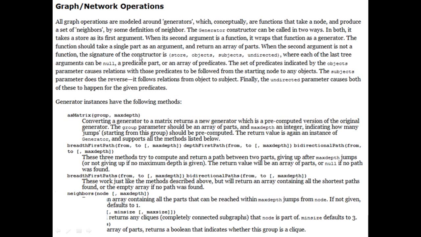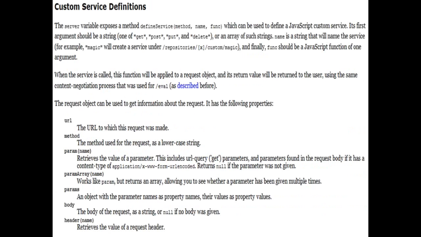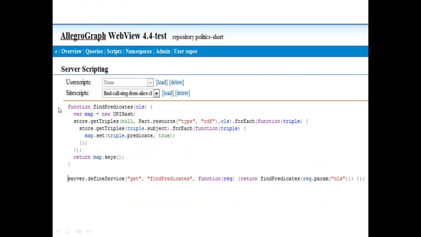Finally, every JavaScript function that you write can be turned into a REST call. This page specifies how you can do this, but let me give an example, and I'll do this example live too later. You could write a function to find the unique predicates for a particular class. I'll go into this function later, but once you have defined it, you can in JavaScript define this function, server define service.